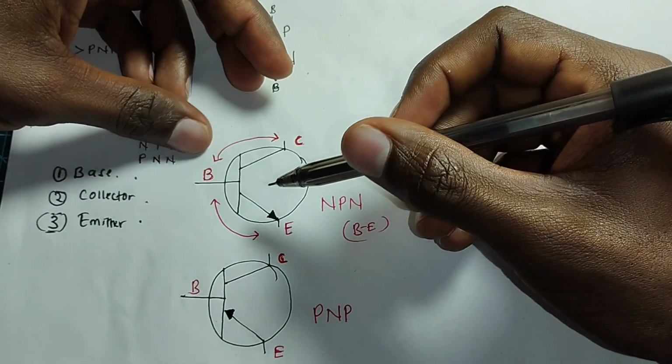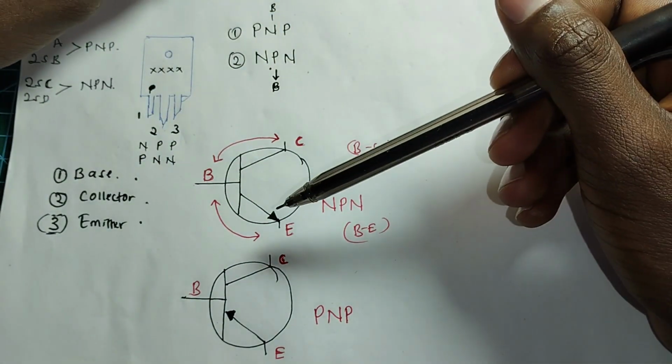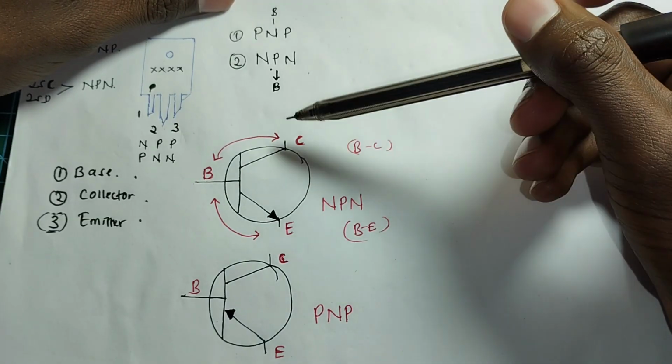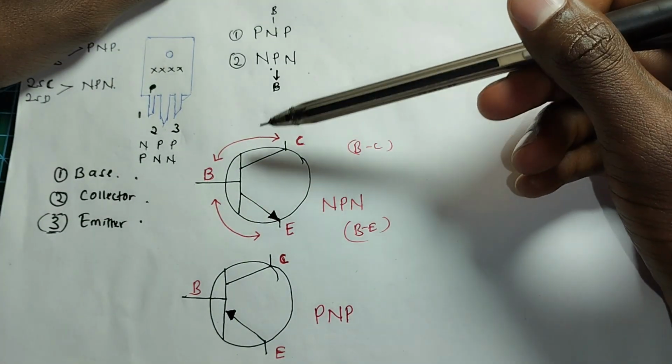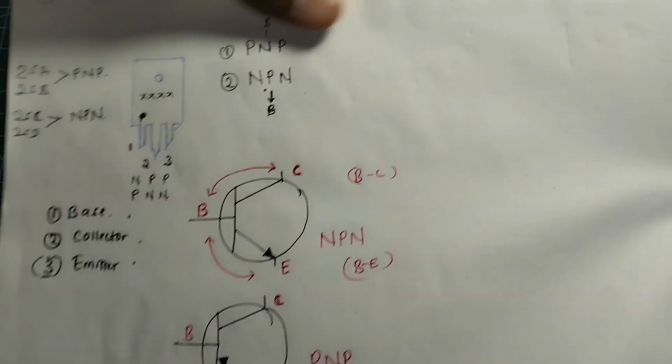Now there is an analogy that is used to teach how a transistor works, and that analogy is the water tap analogy. Now let's take a look at that analogy and see how a transistor works.